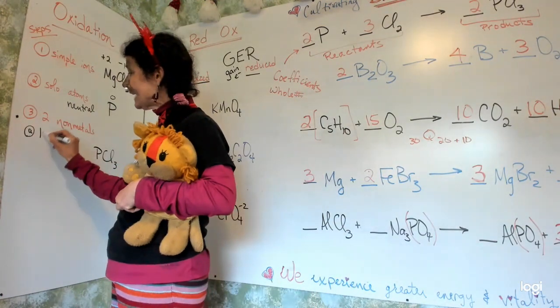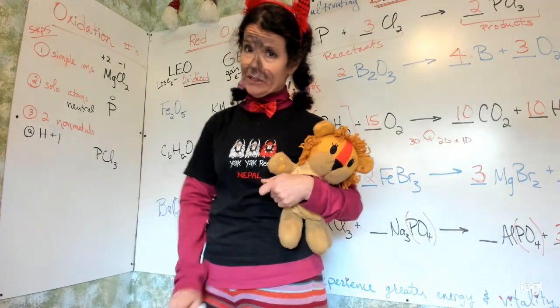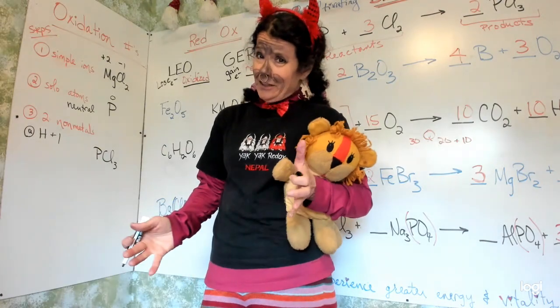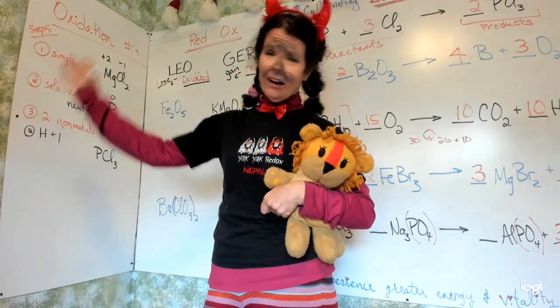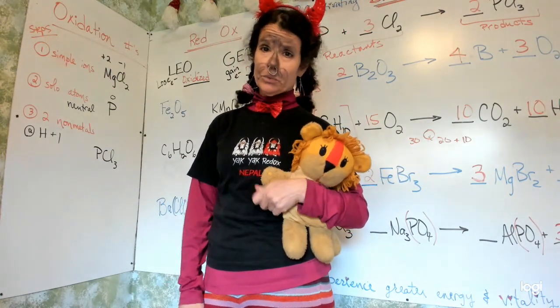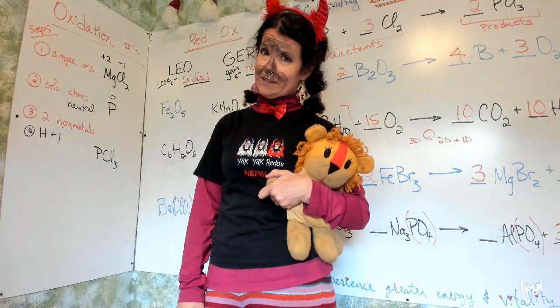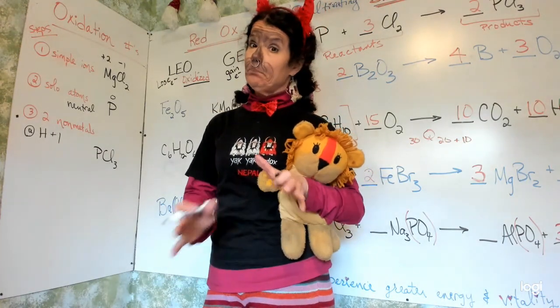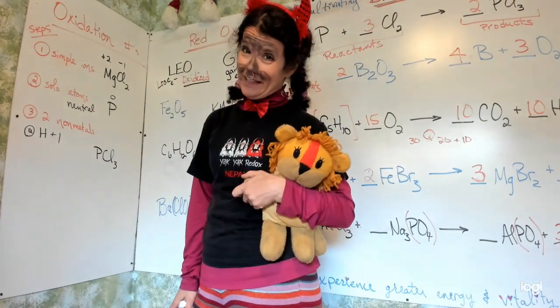Step A is hydrogen will always take 1 for the team. Now remember, hydrogen's a nonmetal. So acids are 2 nonmetals, but the hydrogen's willing to take 1 for the team and says, I'll give up mine. I'll give up my electron to you. I'll take the +1. So when we ever see hydrogen in a compound, we're going to give it a +1. Happens in nature. By itself, it gets the halo. In a compound, it's a +1.